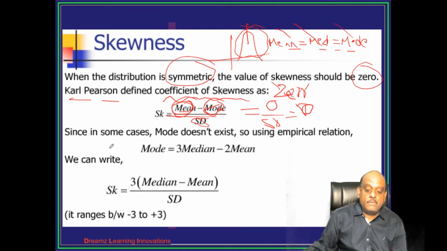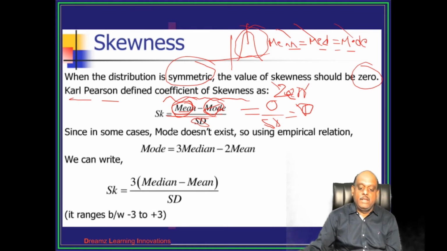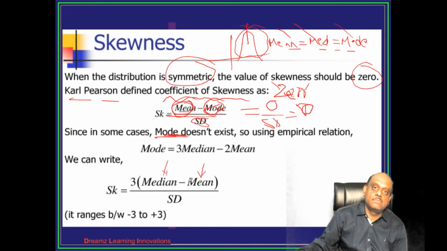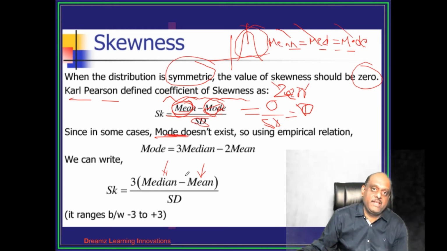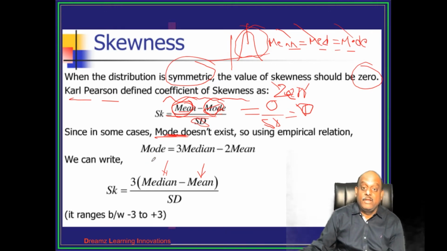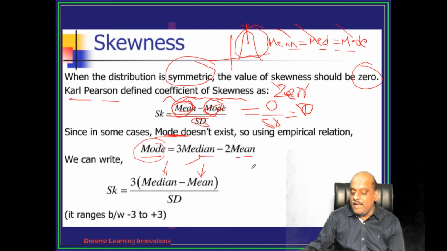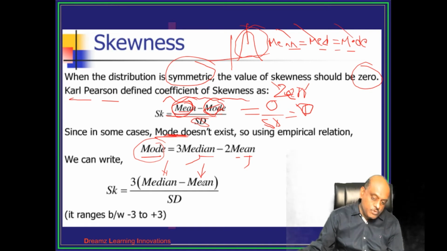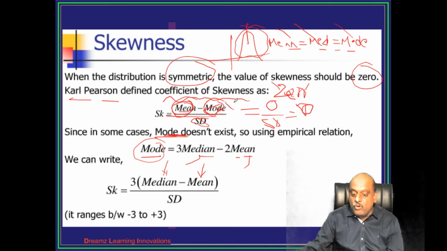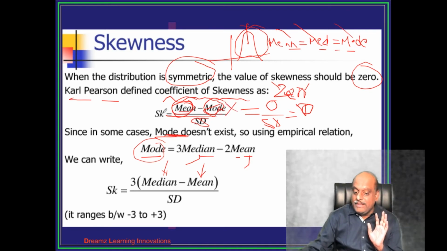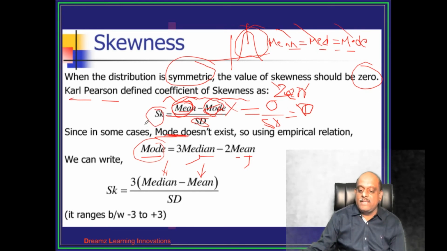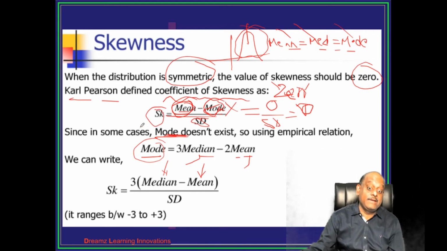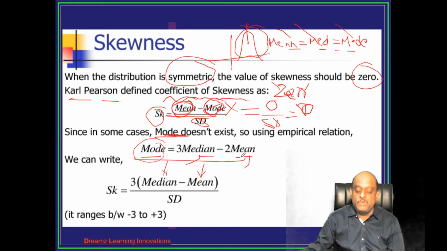Now, in some cases, the mode does not exist. You may only have the median value and mean value. Mode is not given. Then you already know the relation between mode, median and mean. Mode is equal to 3 median minus 2 mean. So if the mode value is not given, how will you calculate the skewness coefficient? You substitute this formula.